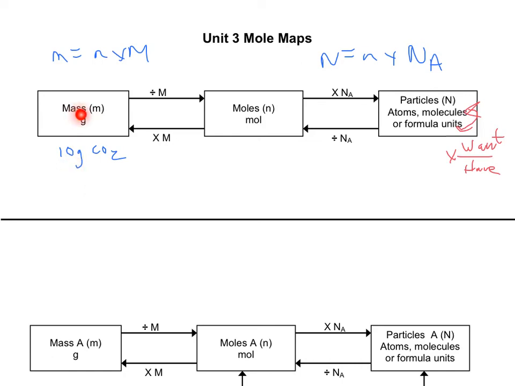I can divide the 10 grams of CO2 by the molar mass of CO2 to get it into moles, and then times it by Avogadro's number to get it into molecules of CO2. Now I know I'm in molecules because CO2 is a molecular compound. The question asked me for atoms though, so notice that it's in the same box. I need to use a times want over have conversion factor in order to answer the question.